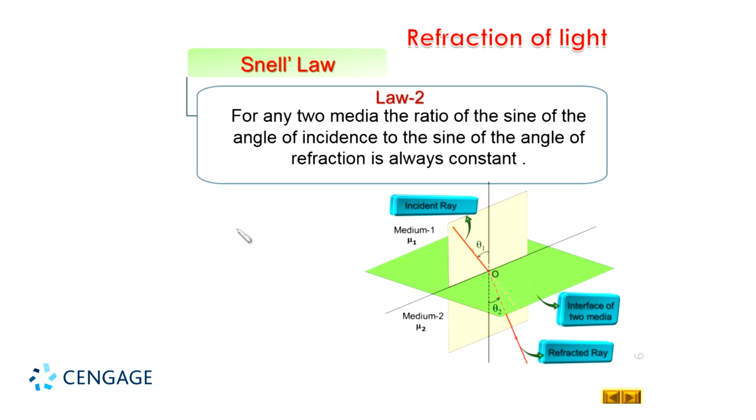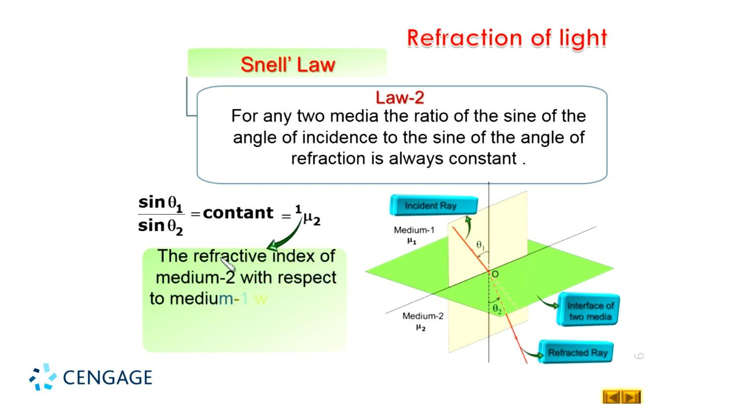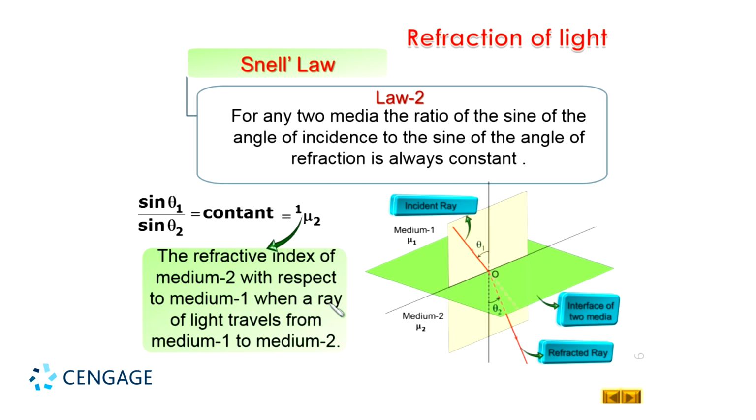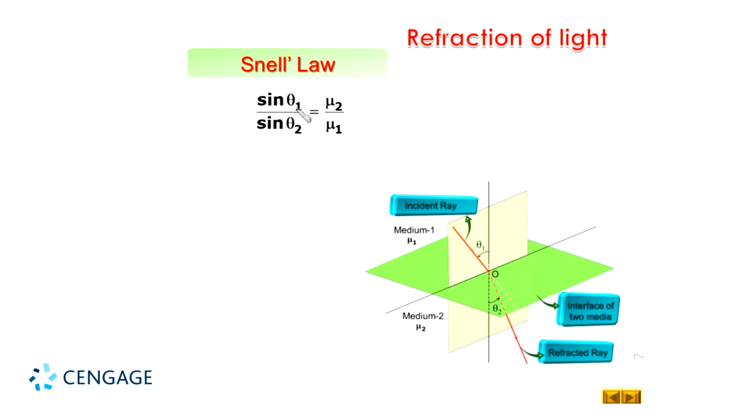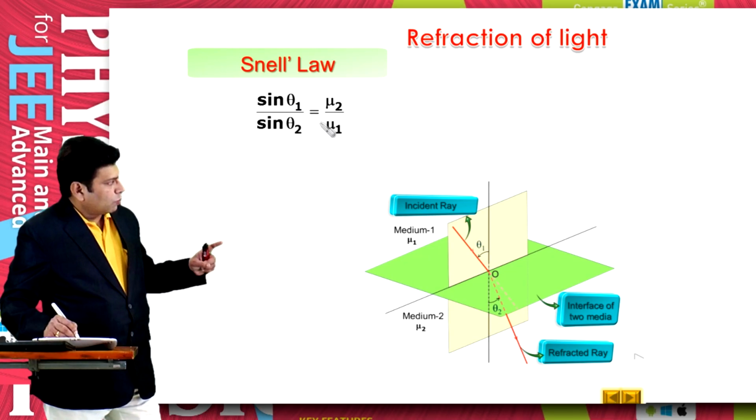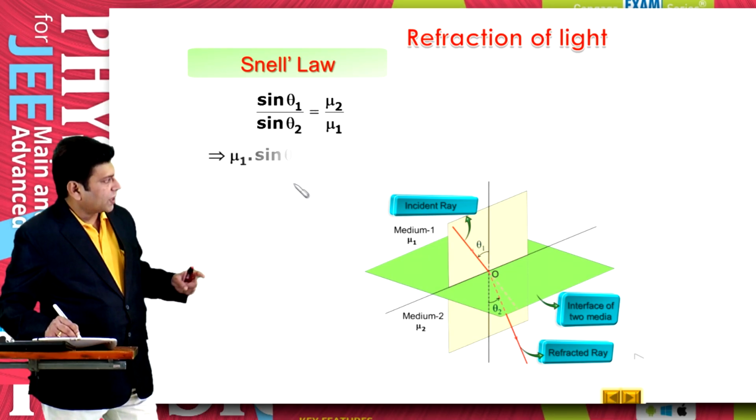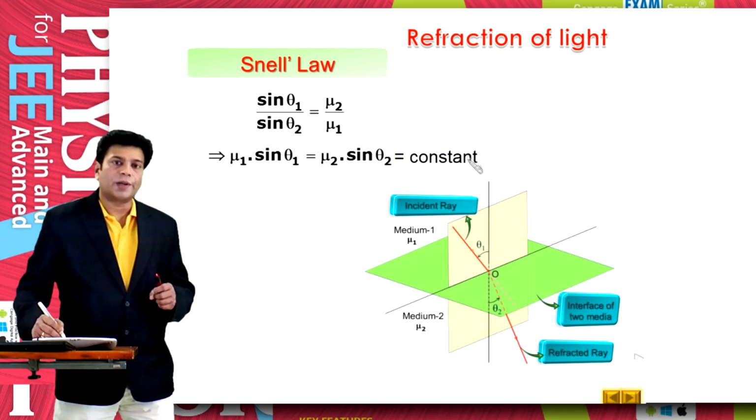So here we can write sine theta 1 divided by sine theta 2 equal to constant, and this constant is equal to 1 mu 2, where 1 mu 2 is the refractive index of medium 2 with respect to medium 1 when the light ray travels from medium 1 to medium 2, and it is equal to mu 2 divided by mu 1. Write this equation on the next page, and if we cross multiply, this equation will become mu 1 sine theta 1 equal to mu 2 sine theta 2, and it is equal to constant.